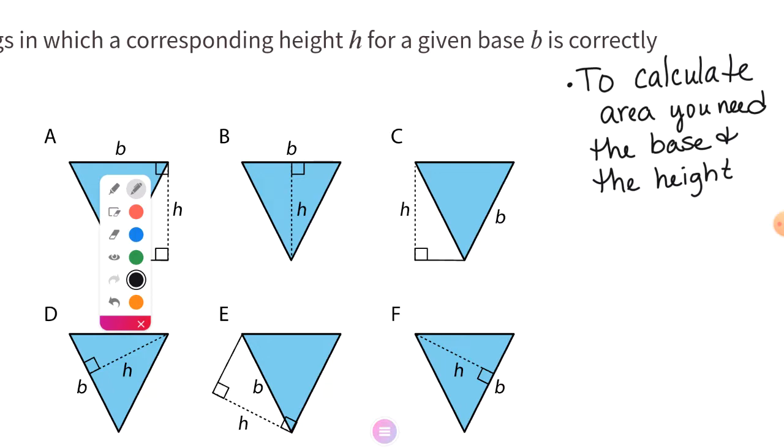To calculate area, you need to find the base and the height. That is the hardest part. The base is usually easy. The height is the tricky one sometimes. And that's what our whole lesson is on today, being able to pick out the base and the height on triangles. Now, something I don't think I mentioned yesterday, but it is very important, is the base can be any side.